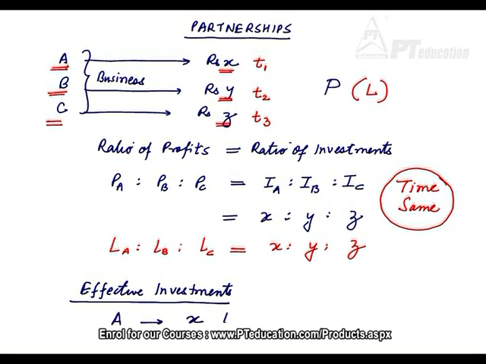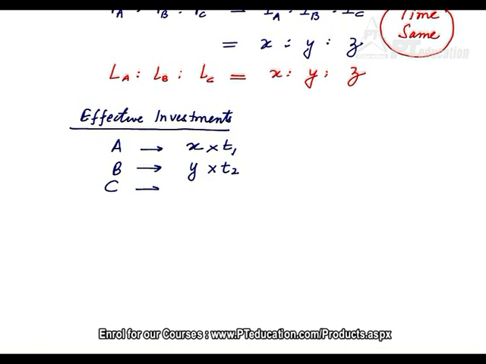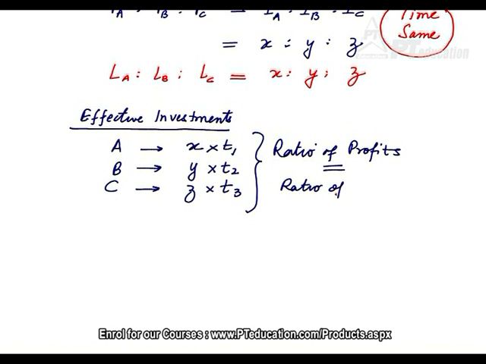For A, X rupees was put in for T1 months, so his effective investment was X into T1. For B, it will become Y into T2. And for C, it will become Z into T3. Thus, the ratio of profits and hence loss will be equal to the ratio of effective investments.